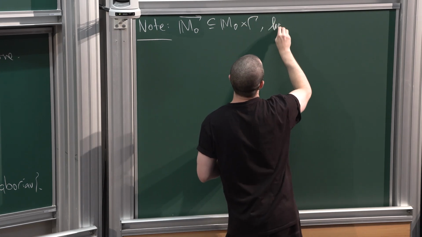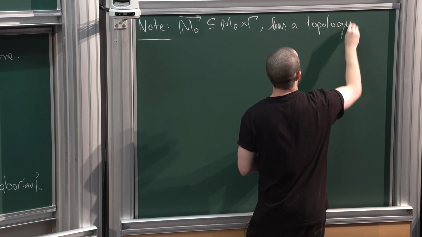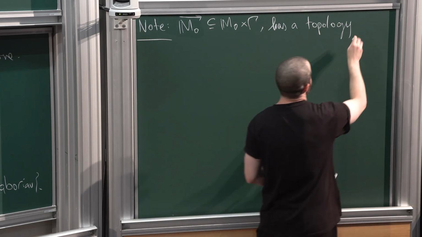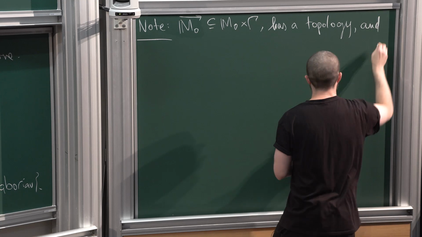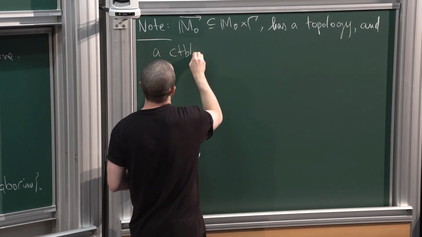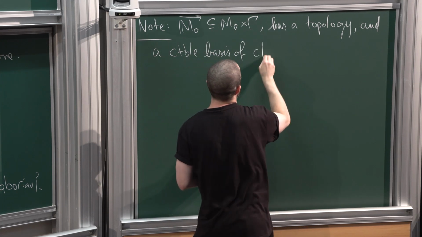So this has a topology, just the subspace topology of this product. And even nicer, and this is what we're going to use, it has a countable basis of clopen sets.